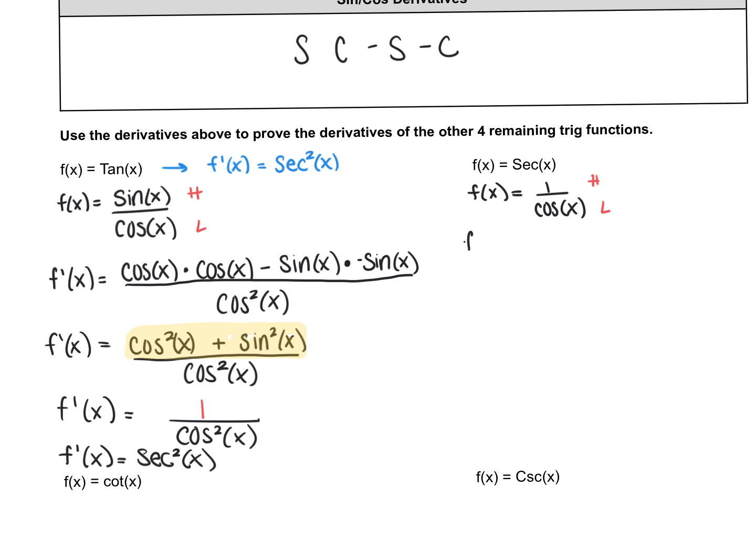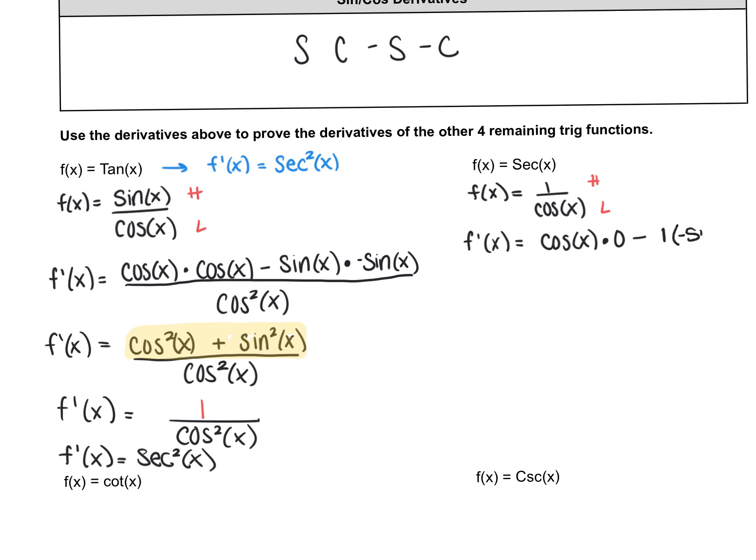So we have f prime of x is low d high, so low is cos times d high. The derivative of a constant is actually 0, which makes this nice and easy. So 0 minus high, which is 1. And then my d low, the derivative of cos, we know is negative sine.